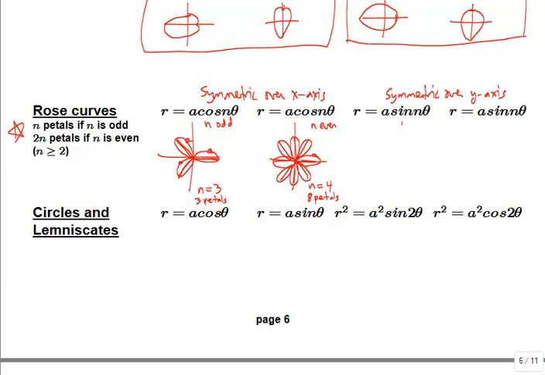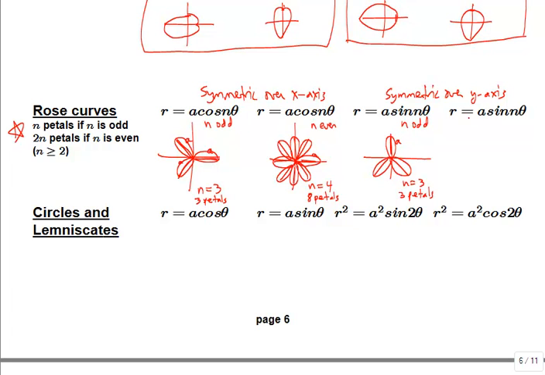So if n is odd, like n equals 3, we're still just going to have 3 petals, but your first petal, instead of being on the positive x-axis, is on the positive y-axis. So this would look evenly spaced out like that. And this distance here would be that a.